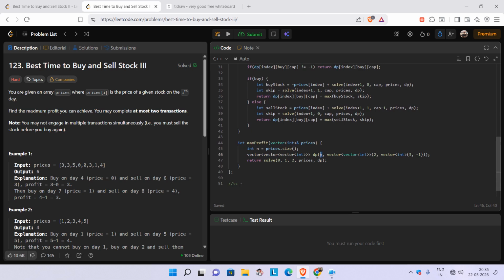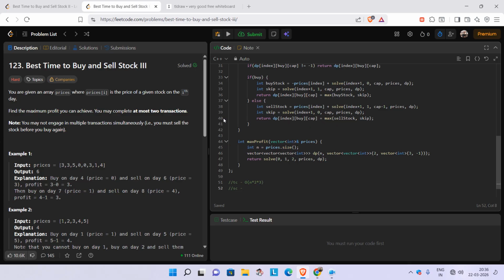Since the size for days is n, for the buy variable is 2, because it can be either 0 or 1, and for capacities it can be 0, 1 or 2, so that's 3. So the time complexity is n into 2 into 3, and the space complexity is still the same. There's also the recursion stack space, but we don't need to think about it. Okay, so this is the question.